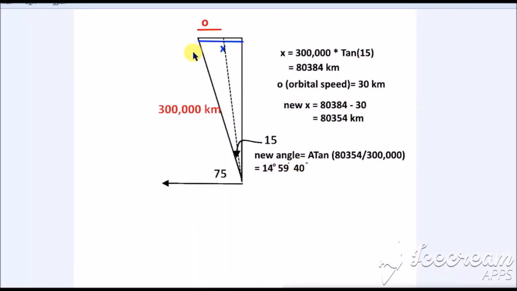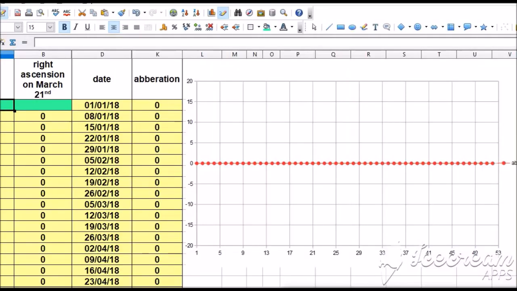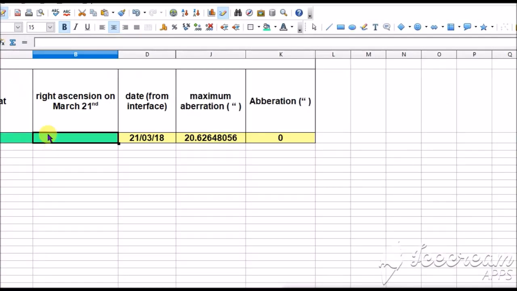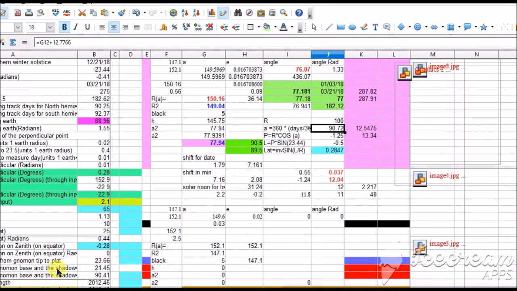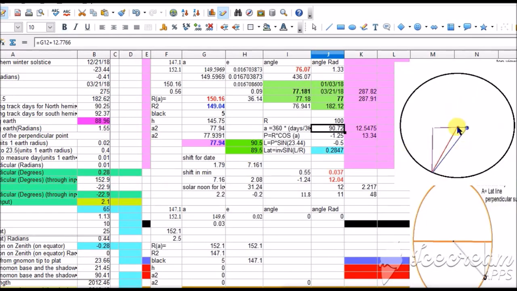So I based some calculations, but of course more accurately, on a spreadsheet here. So this spreadsheet is originally my Sun calc, but I needed it for accurate determination of the angle between the Sun and the Earth.